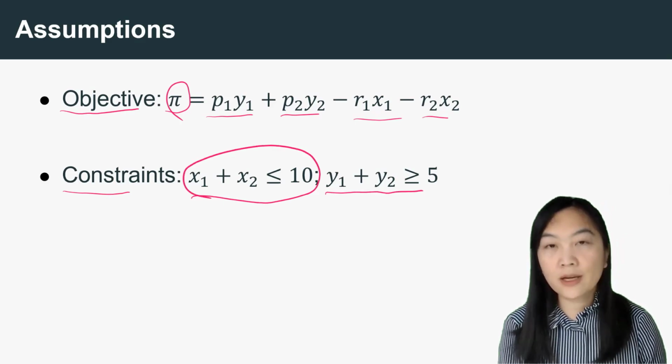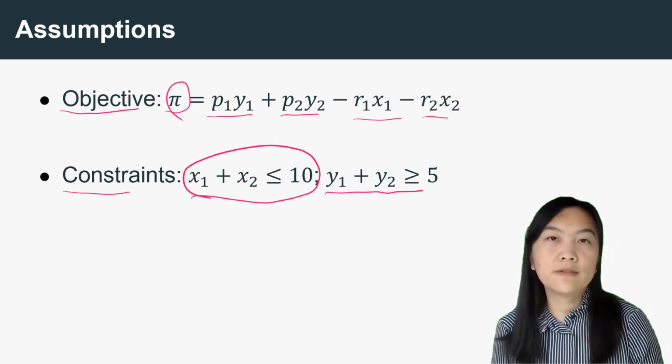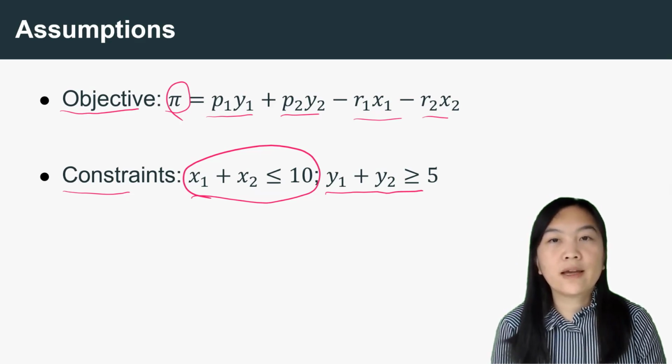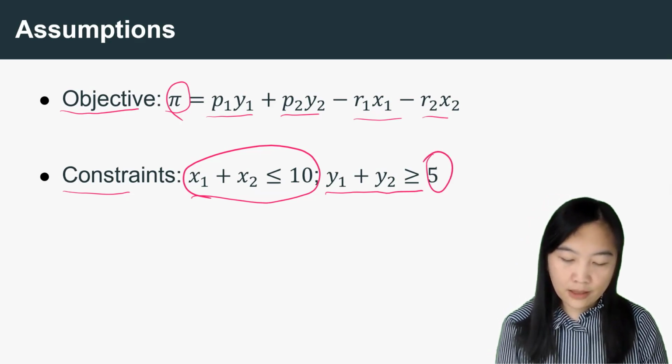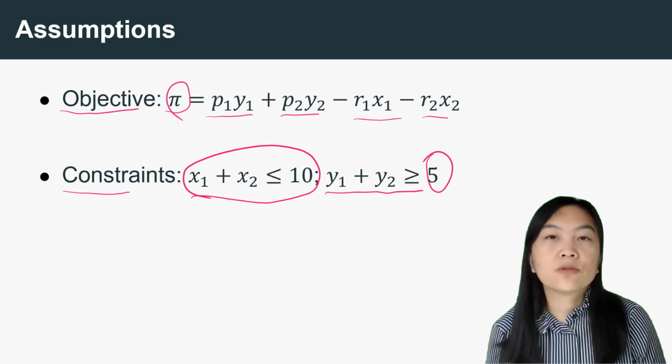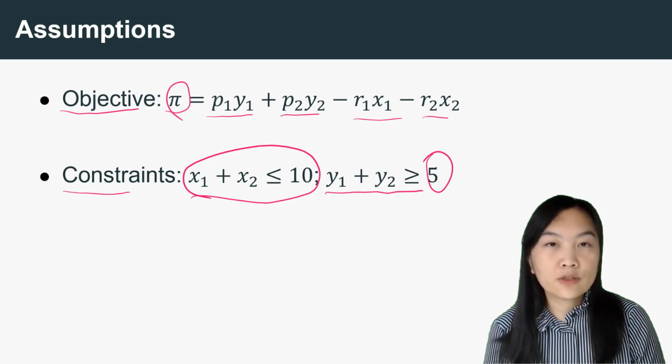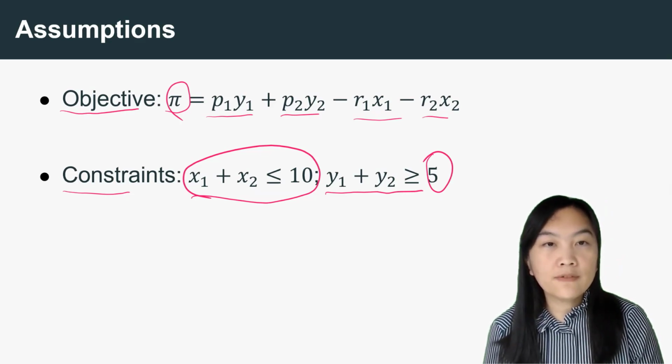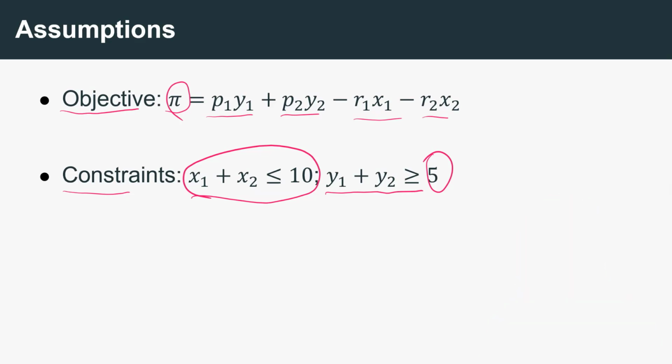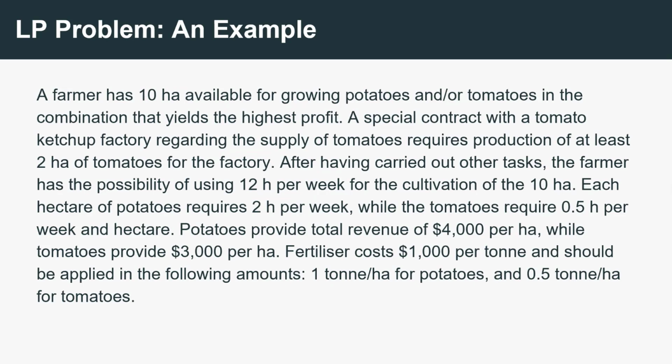And the other one is, as I explained, if there's a contract and for some reason the producer has to offer at least 5 units of output. So I think an example is the best way to illustrate the idea of linear programming problems.